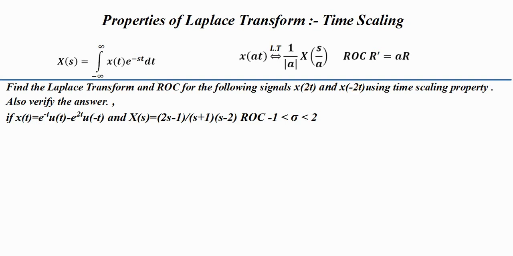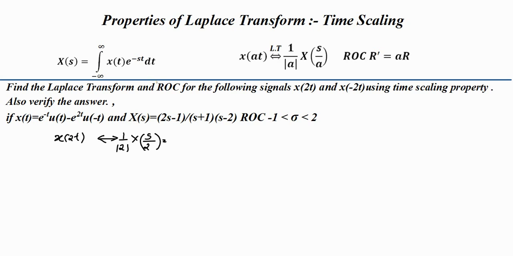So by applying the time scaling property, we can find x of 2t. The Laplace transform we can find by applying the property. It's 1 by modulus of 2 times X of s by 2.